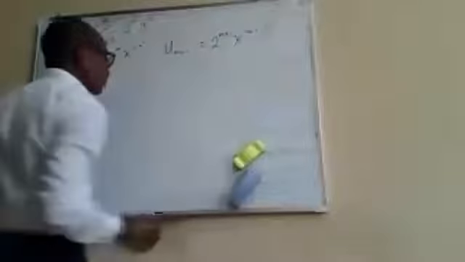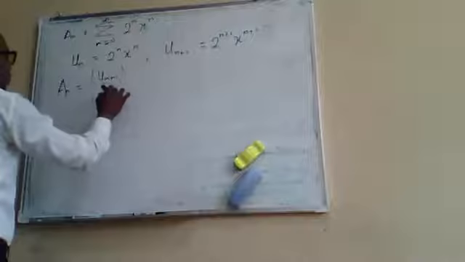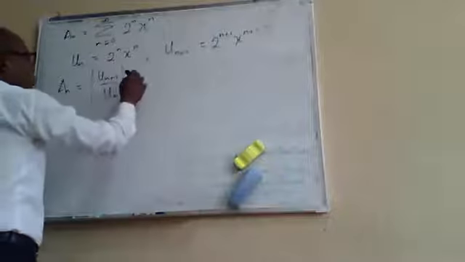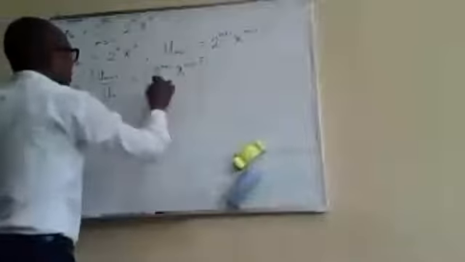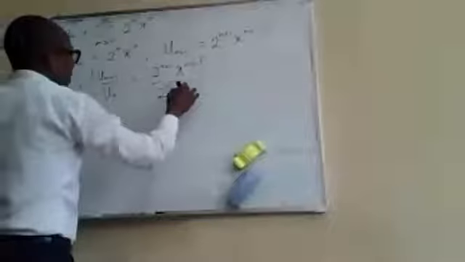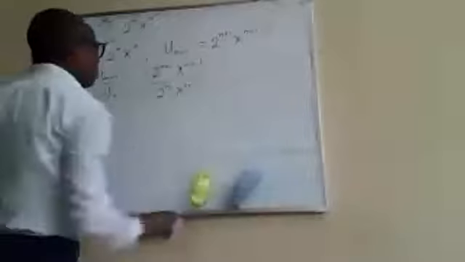2 raised to power n plus 1, s raised to power n plus 1. Using the ratio principle, that says un plus 1 over un, this will give us 2 raised to n plus 1, s raised to n plus 1, over 2 raised to the power n, s raised to the power n.